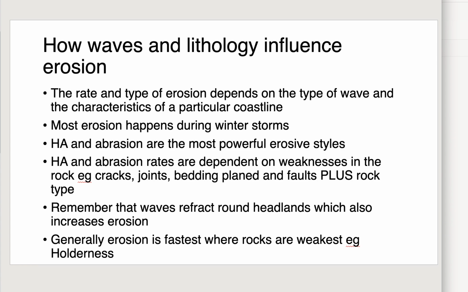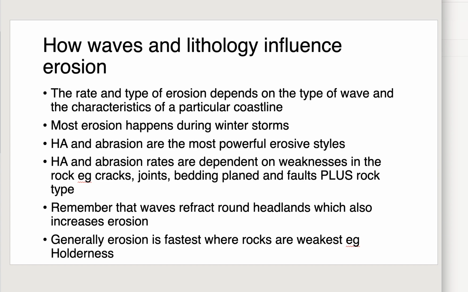You can't just talk about the 4 types of erosion without taking into consideration the other factors that also come into play. So the rate and type of erosion depend on the type of wave, i.e. destructive or constructive, and the characteristics of a particular coastline, i.e. is it tall cliffs, is it discordant with headlands and bays, is it resistant material, or is it softer rock?